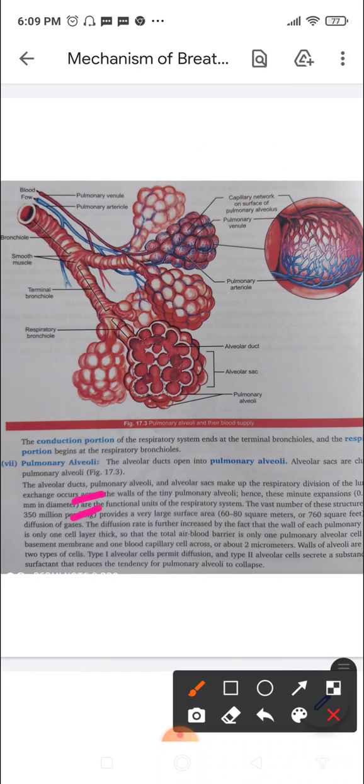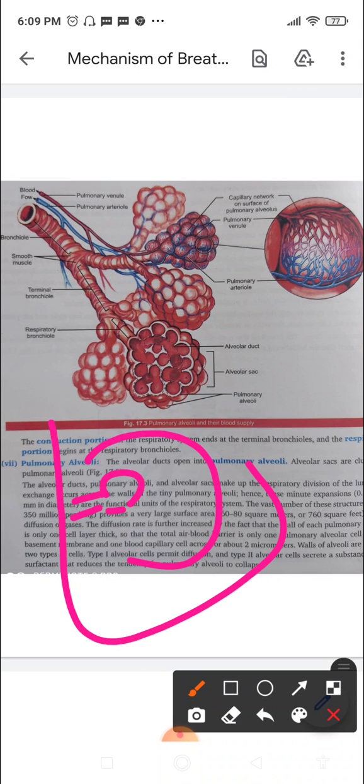The alveolar duct, the pulmonary alveoli and the alveolar sac make up the respiratory division of the lungs. Inside the lungs there are many of these present.